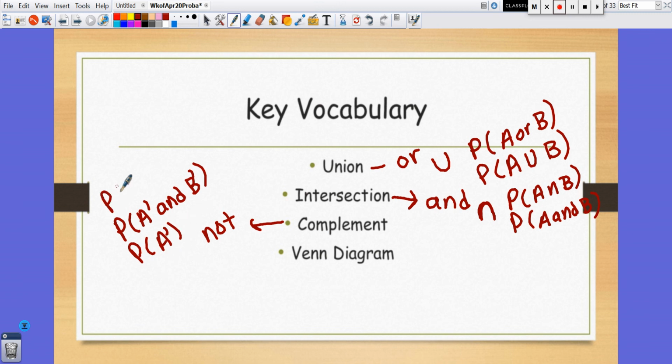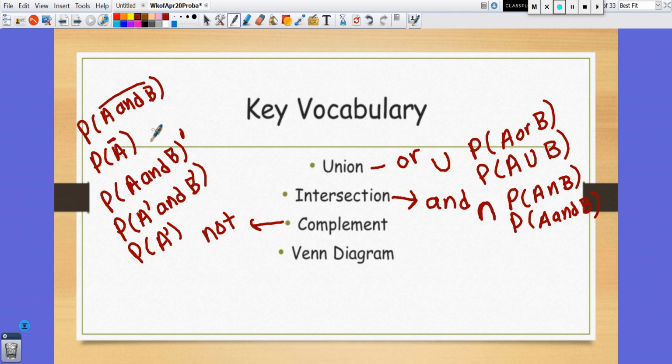You can put it as a probability, and normally if it wants both like that, they write it as not A and B, and then they put a little apostrophe up there for not. Another way it can be written is with the little line on top, or if it's a compound event, they may write it like this, but they all mean not.